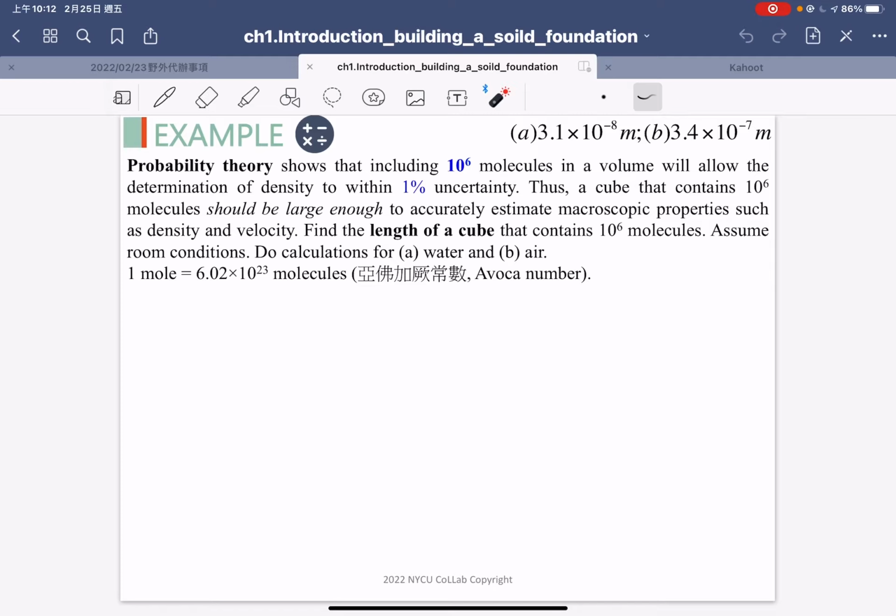The purpose is to tell you the material volume should be large enough, and then we can have the physical properties consistent, right? If the volume is not enough, the physical properties will change depending on how large the volume is.